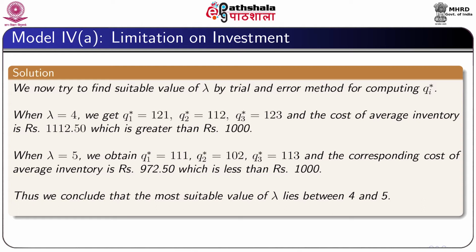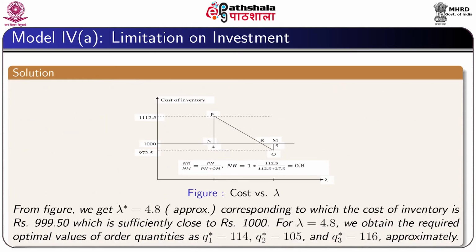Now, our objective would be to find the suitable value of lambda by considering the graphical method. This slide shows the cost versus lambda graph. From the similar triangles PNR and RMQ, we can easily find the length of NR, which is equal to 0.8.